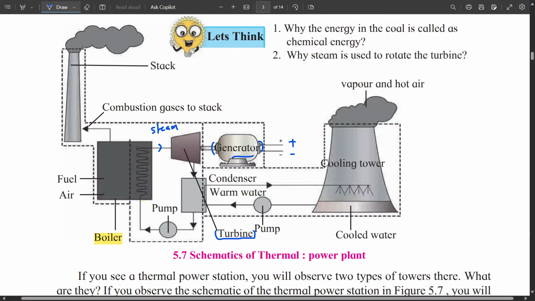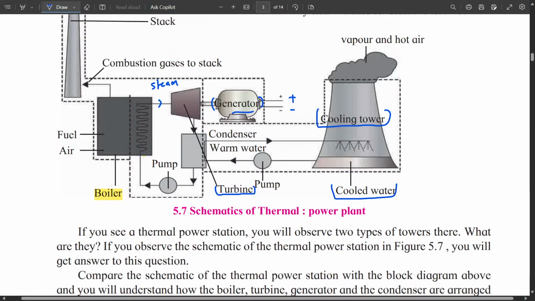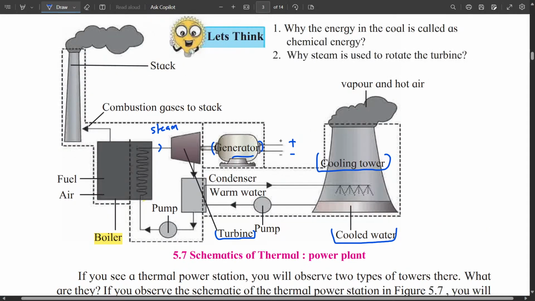Afterward the steam is given back to the cooling tower. In the cooling tower there is cooled water which condenses the steam back into liquid water, and then that water is again pumped into the boiler. So if you see a thermal power station, you will observe two types of towers there. The first one is giving out the smoke and the gases produced in the combustion of the coal.